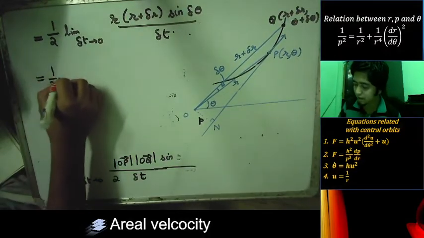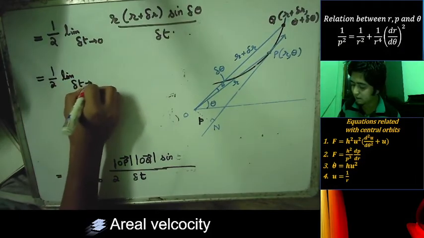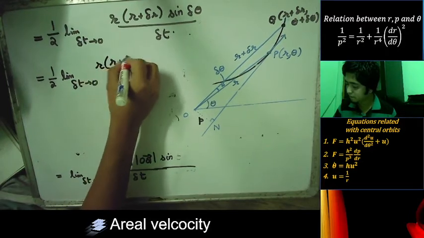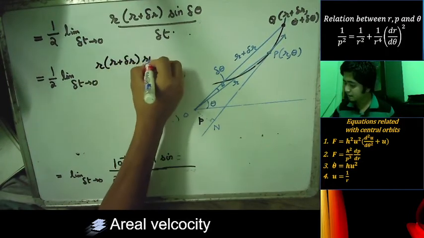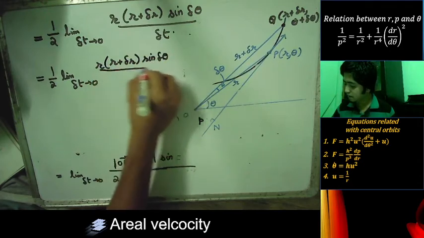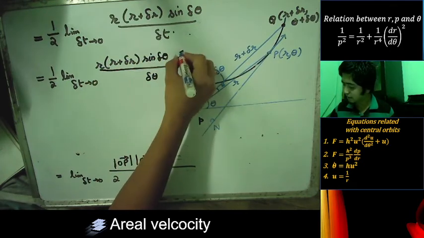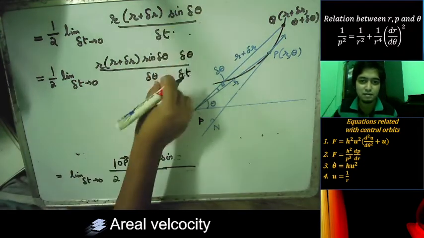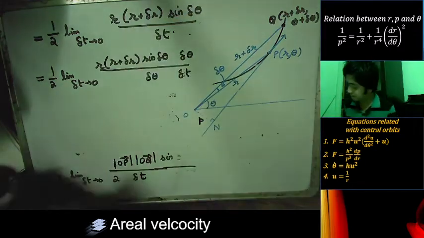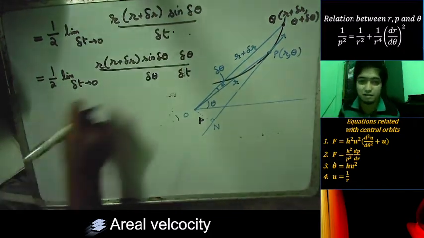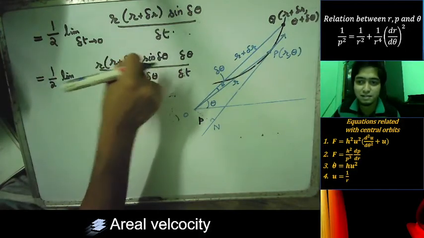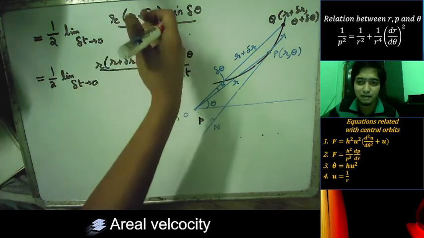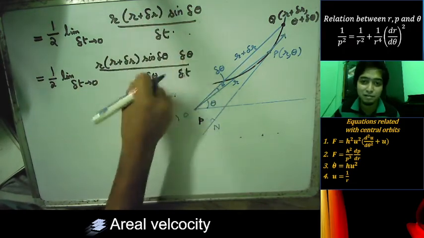Next, I will make some modifications. Sine del theta, I will divide it by del theta and then multiply it, and also I will keep del t. So this keeps the equation the same. It doesn't change the whole thing, it's just that we are introducing new terms.